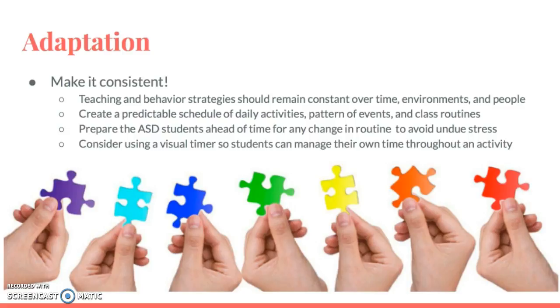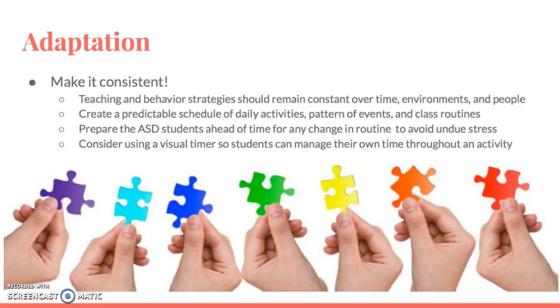And if something different is going to happen, we need to tell the student who's autistic beforehand. For example, say it's picture day and the student isn't used to taking that time out to go take a picture.